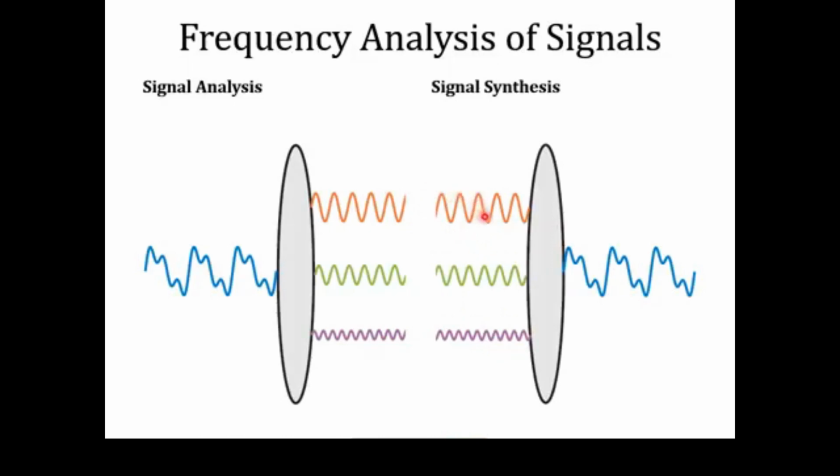Inverse Fourier, or the synthesis equation of Fourier, will combine these sinusoidal components in order to provide the resultant signal. So the analysis and synthesis processes are transform pairs of each other.